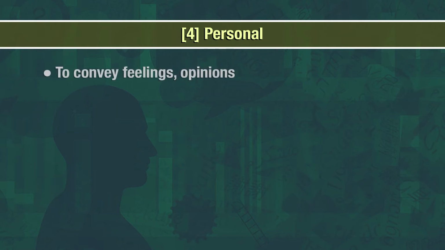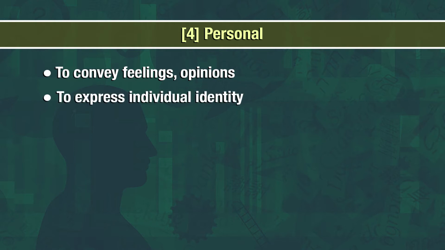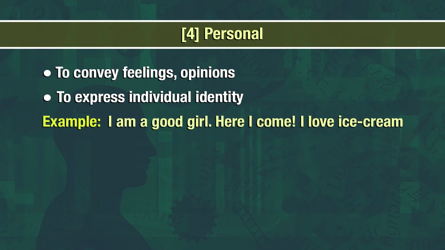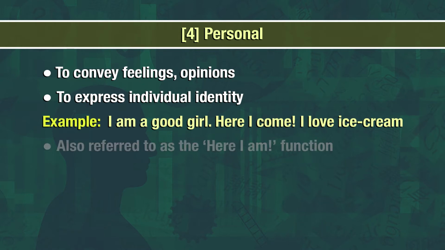The fourth function that they use language to serve is personal. When they want to convey their feelings, their opinions, or they wish to express their individual identity. For example, I am a good girl. I love ice cream. Here I come. This is also referred to as the here I am function.